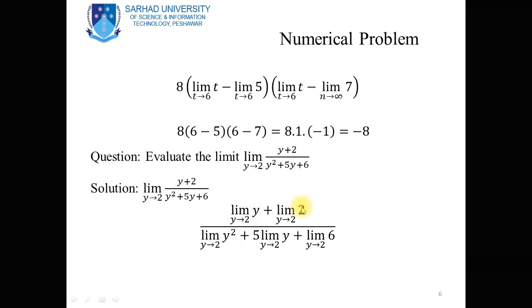This 2 is the constant term, so 2 will be as it is, and putting y is equal to 2 at this term, and divide by putting y is equal to 2 in this term, putting y is equal to 2 in this term, but we cannot put y is equal to 2 in this term because this is the constant term.